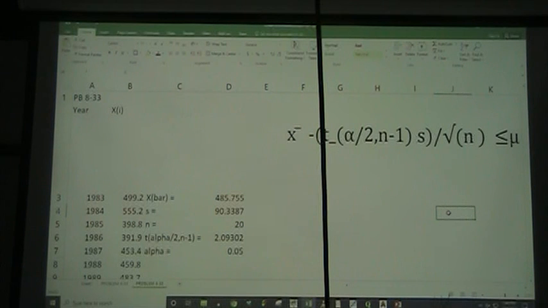All right, less than or equal, mu, less than or equal.